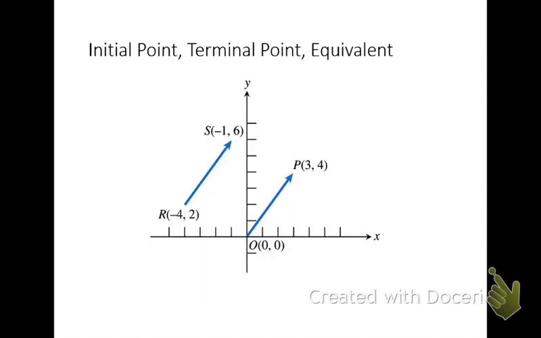So let's keep going, looking at initial point and terminal point. The initial point is where it starts, and the final point, its terminal point, is where it ends. We will find a way to write these out, and then talk about how both of these are our initial points.